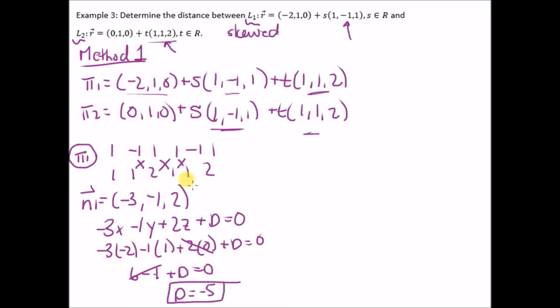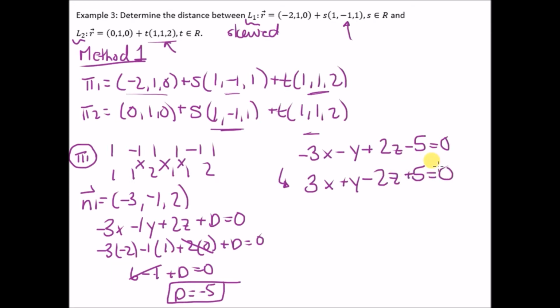So the equation of our first plane is negative 3x minus y plus 2z minus 5 equals 0. Let's multiply that just by negative 1. 3x plus y minus 2z plus 5 equals 0. So far we have a Cartesian equation for our plane.